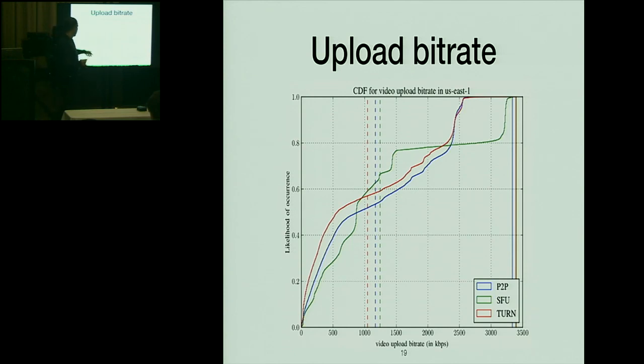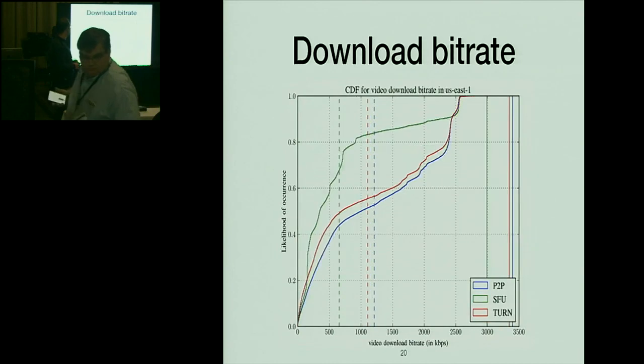All of them achieve about the same averages, about 1.1 megabit per second. The TURN relayed and the direct connect distributions exhibit similar behavior, and very different behavior for the SFU relayed calls, and this is due to the congestion control and the simulcast, and the fact that we activate simulcast.